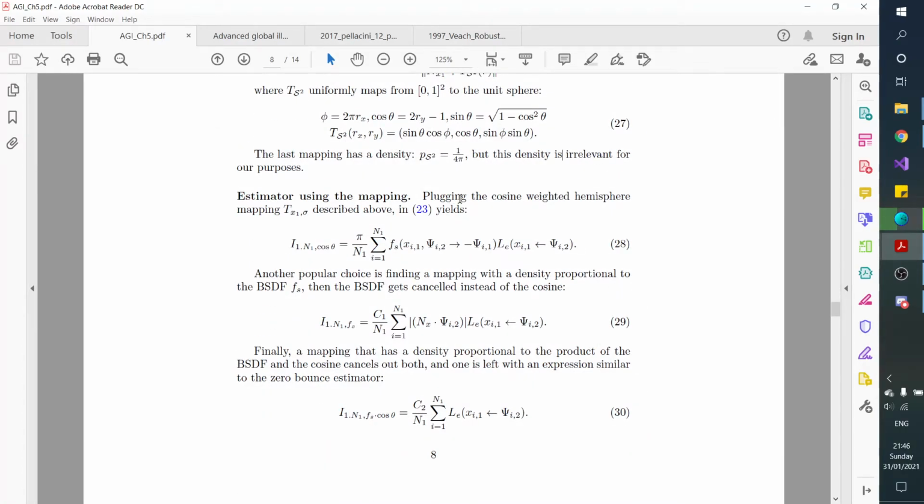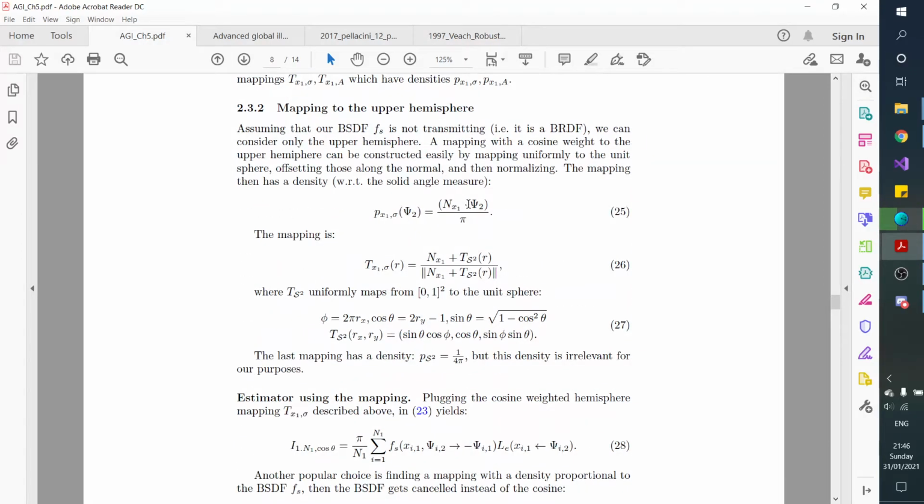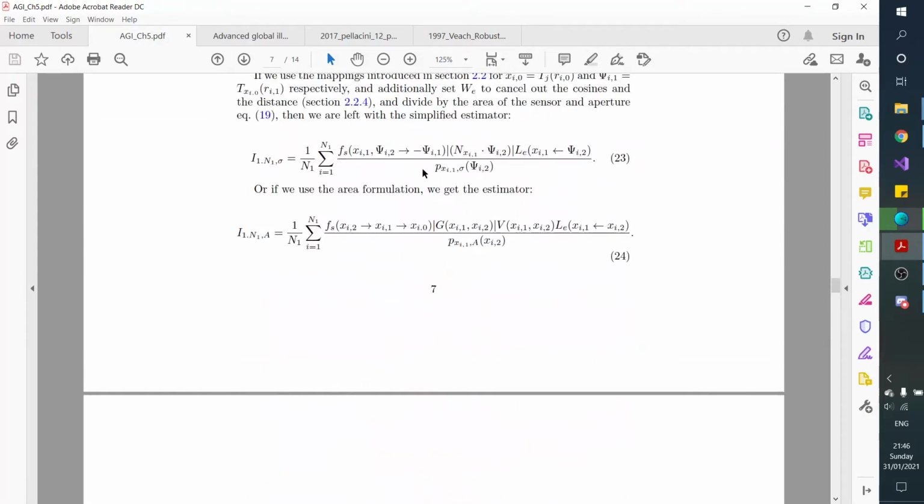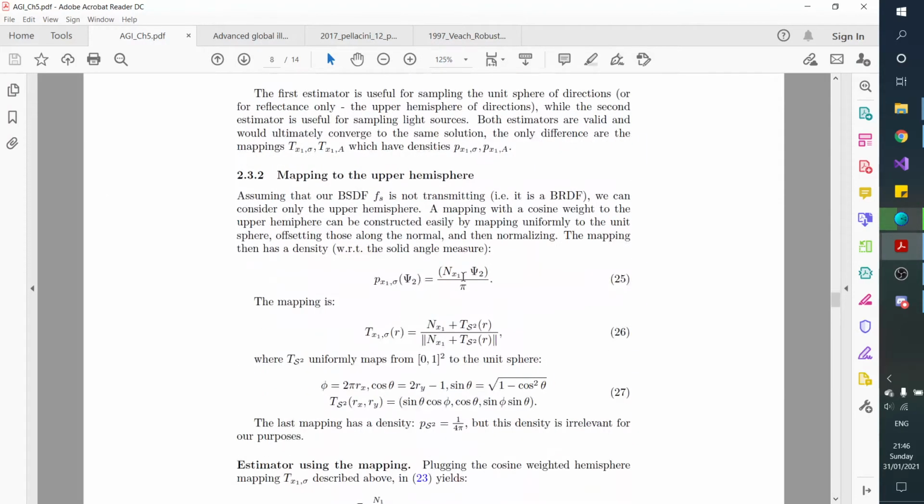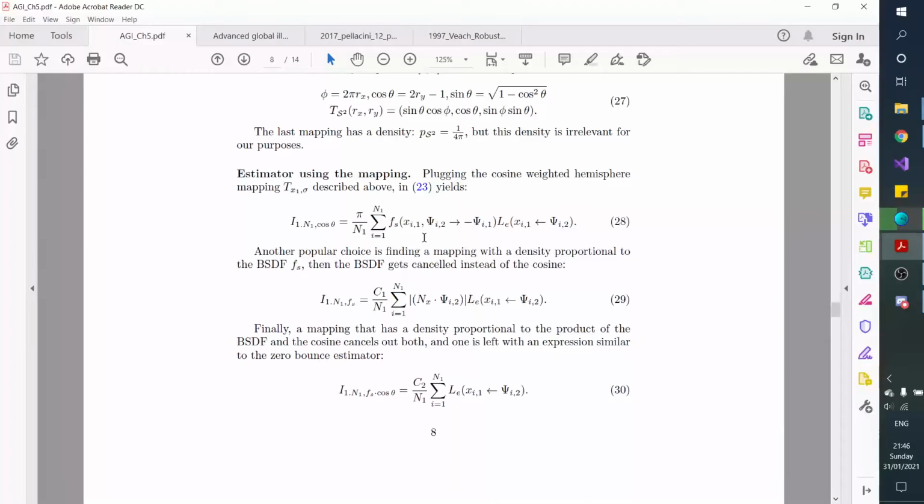So what happens if you use such a density, a cosine density? Well, you can see it here. It will cancel out the cosine, and we know that the density is normalized by a factor pi, so you would get an estimator like that, where the cosine is missing.